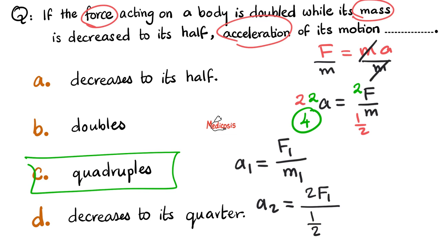So half of M1. Amazing. This half can go upstairs as A2. 2 times 2 is 4. So it's as if we're saying that acceleration after the change equals 4 F1 over M1. I mean, look at the first acceleration. It's F1 over M1. The second acceleration is 4 times that, meaning I have quadrupled the acceleration.